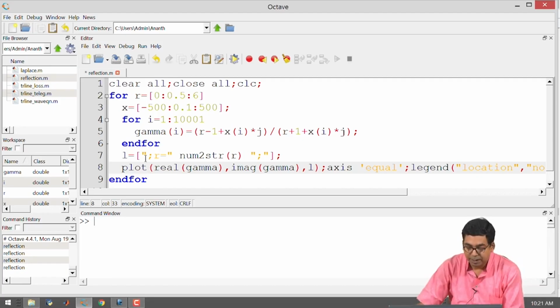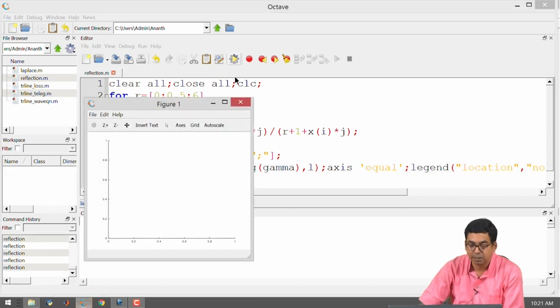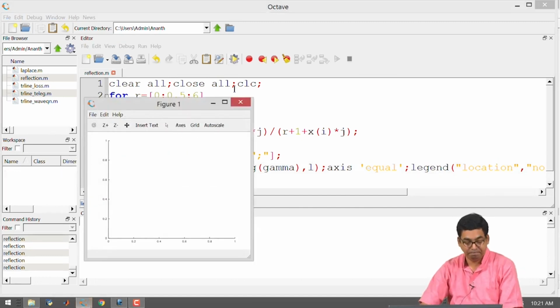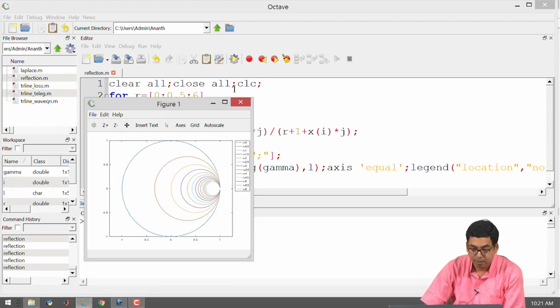Okay. I need a legend string. This is Octave syntax for legend string. I just want to have r equal to each and every time it draws, and everything else can be understood later. Okay.